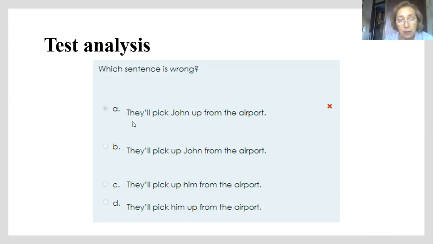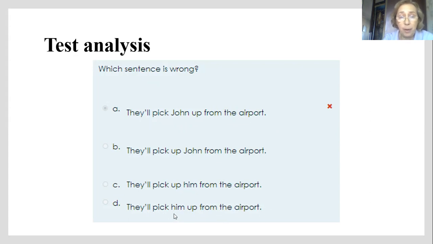Like here in this sentence, they'll pick John up from the airport. So instead of John, we can use a pronoun, him, like in the last sentence. They'll pick him up from the airport.